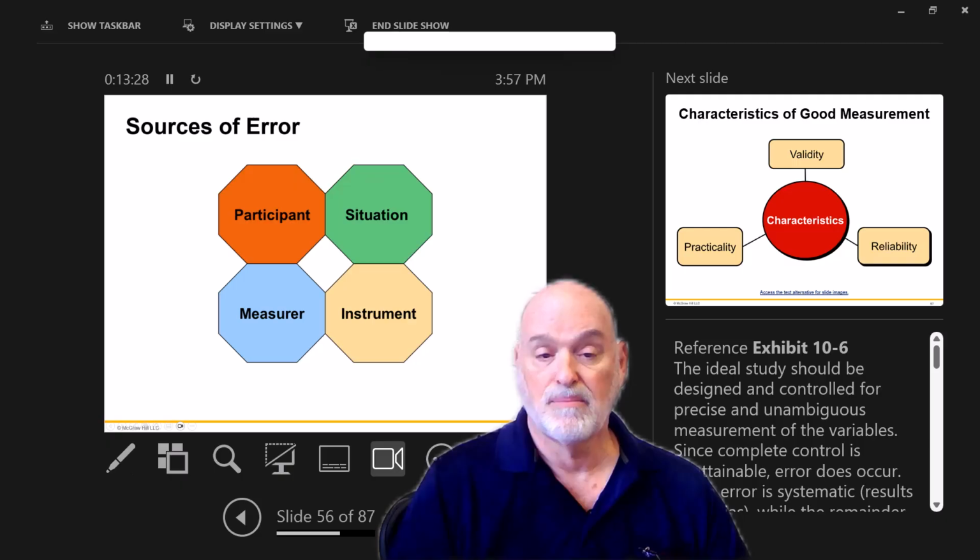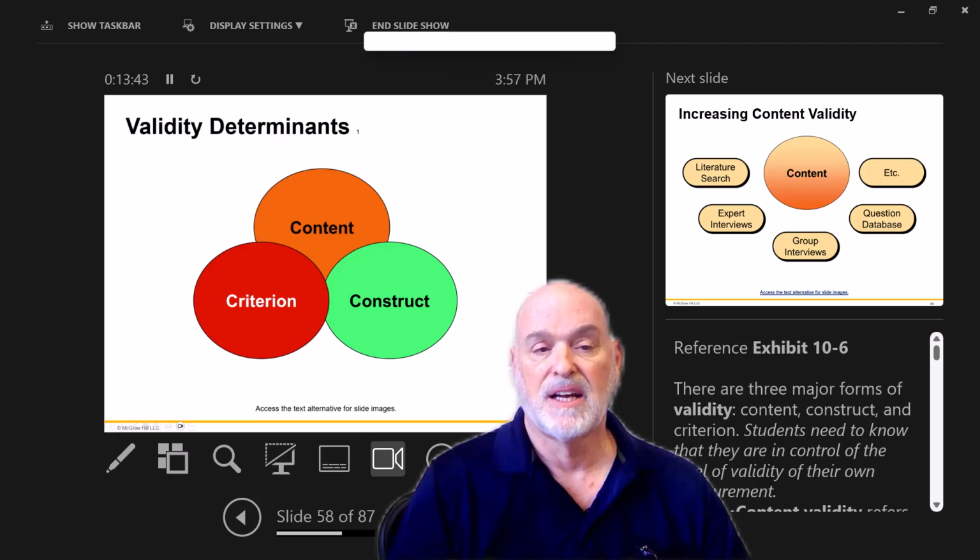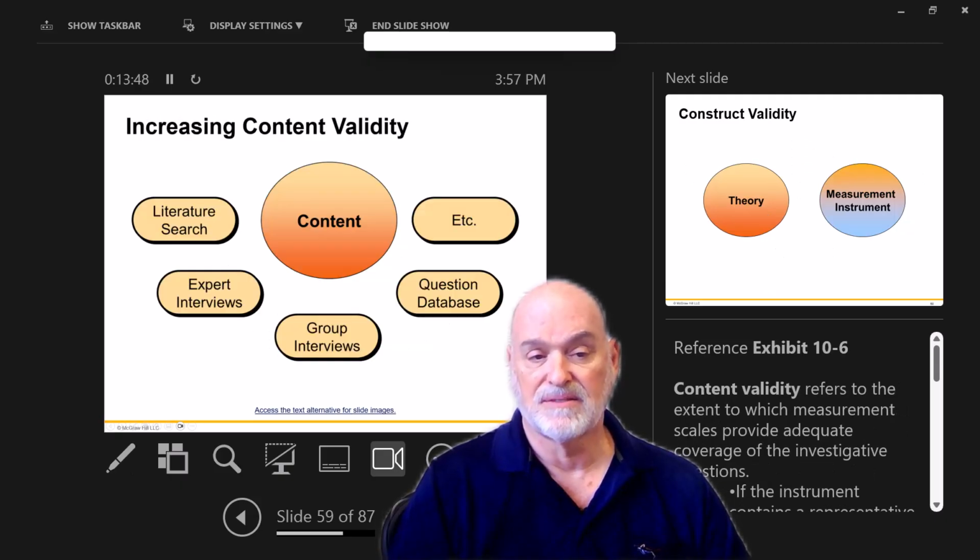Sources of error: participant, situation, measurer, and instrument. Characteristics of good measurement: validity, practicality, reliability. These are all characteristics of good measurement. Validity determinants: criteria, construct, content.